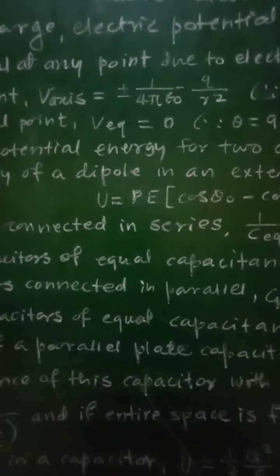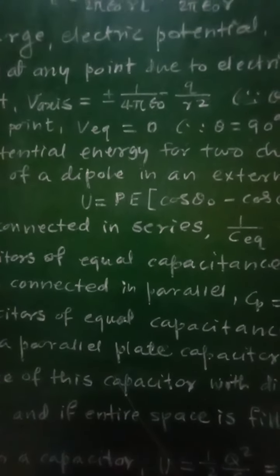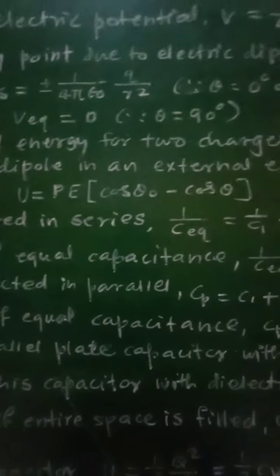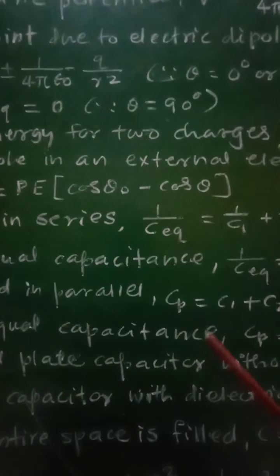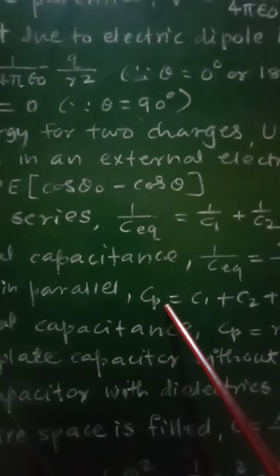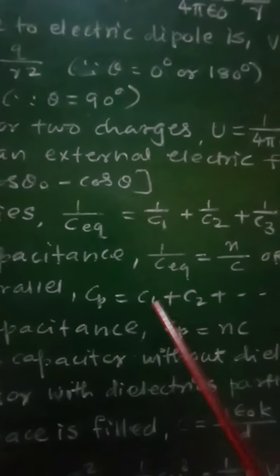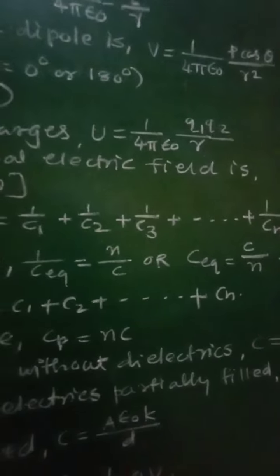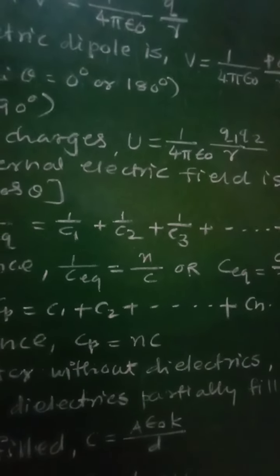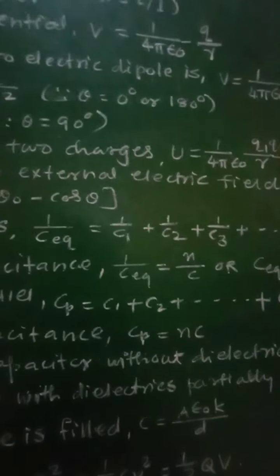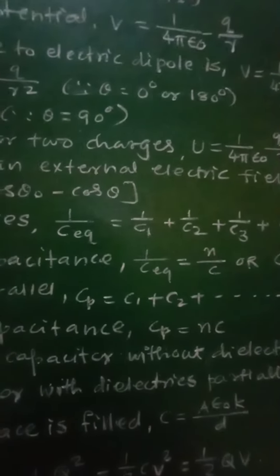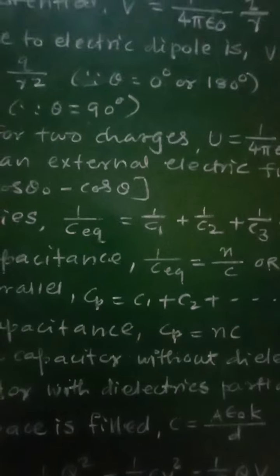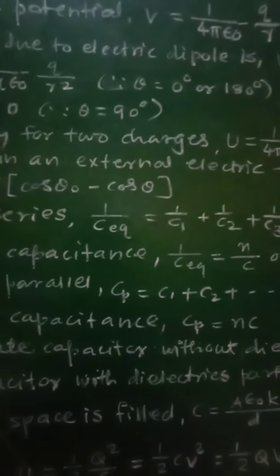Then let us see the next formula, that is for n capacitors connected in parallel. If there are again n capacitors having capacities C1, C2, C3 up to Cn, and they are connected in parallel, then their equivalent capacity Cp will be given as C1 plus C2 plus up to Cn. That is, the equivalent capacitance will be equal to the sum of all the individual capacitances.